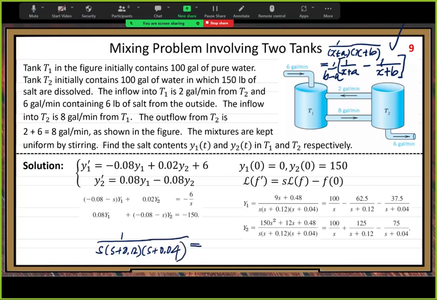Look at what two fractions I use. S times S plus 0.12, minus S plus 0.12 times S plus 0.04. Look at it this way.